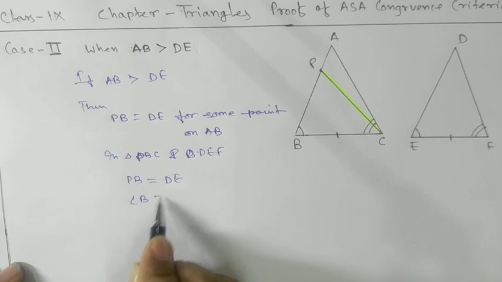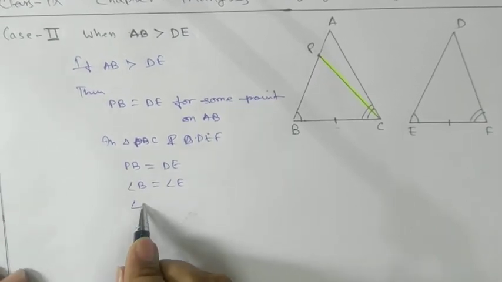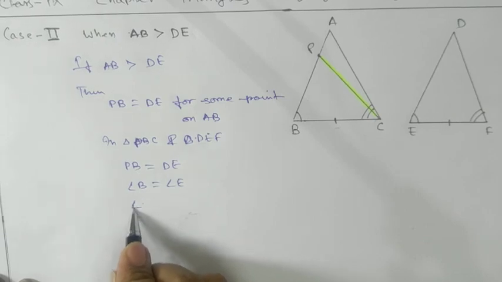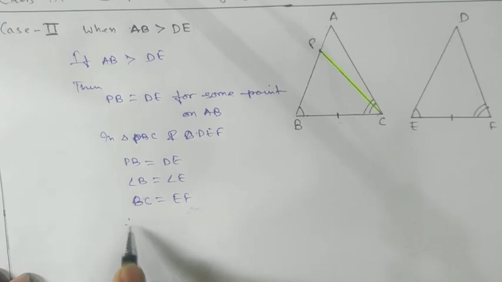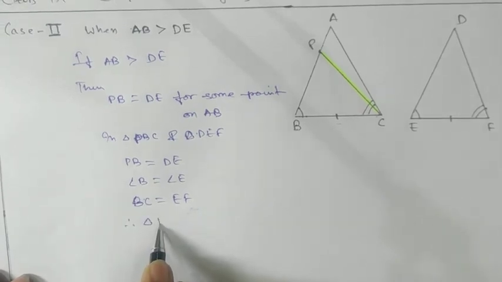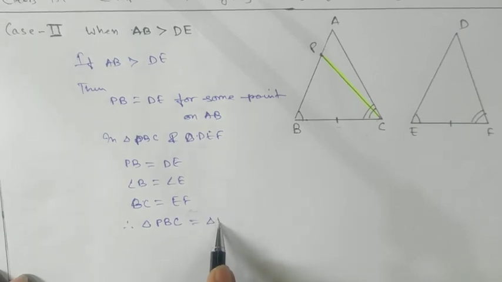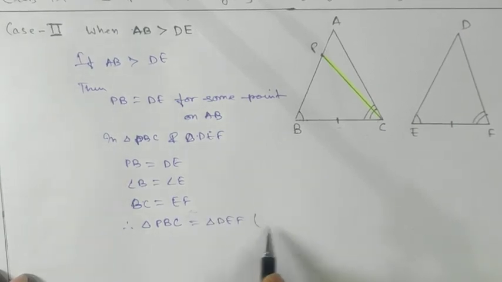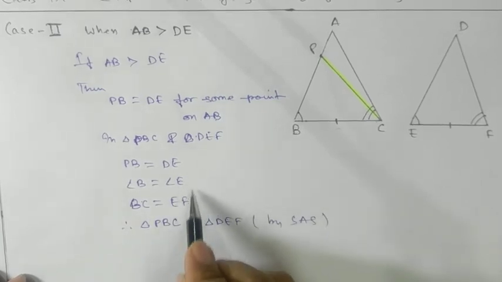Next, angle B equals angle E. Next, BC equals EF. Therefore, triangle PBC is congruent to triangle DEF by SAS, because these things are given.